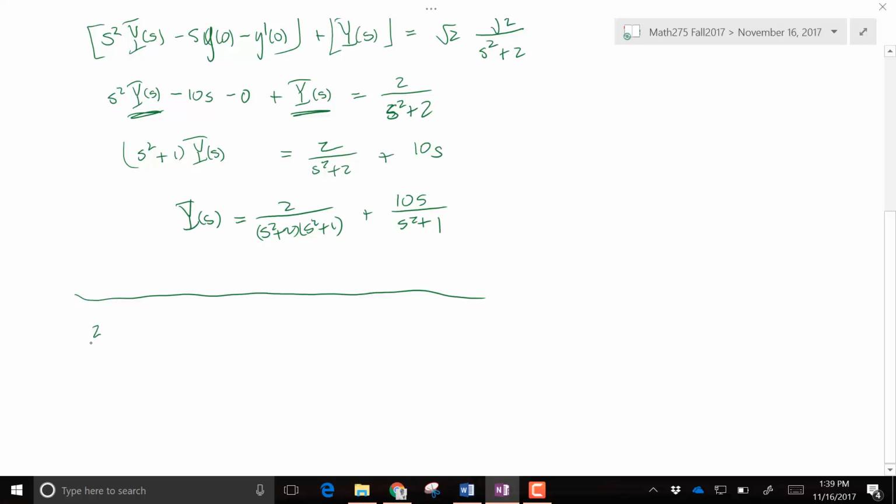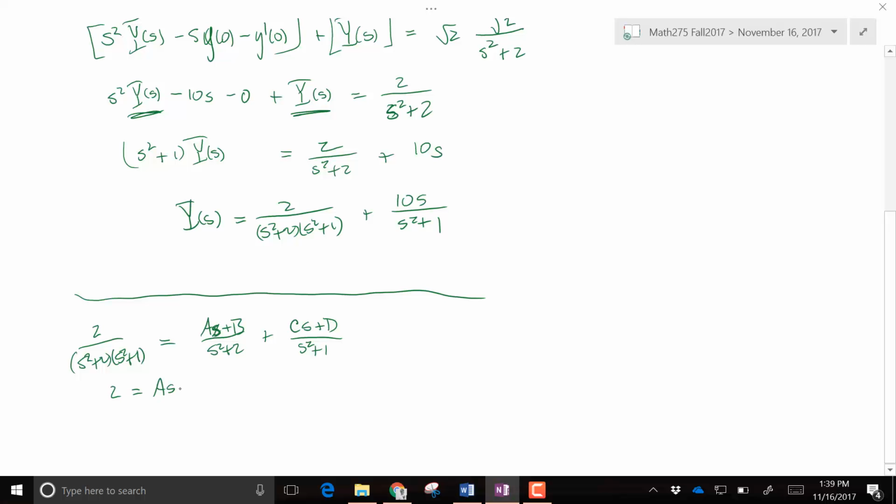So we have 2 divided by s squared plus 2 times s squared plus 1 is equal to, those are two irreducible quadratics, as plus b over s squared plus 2 plus cs plus d over s squared plus 1. All right, so get rid of the denominators.